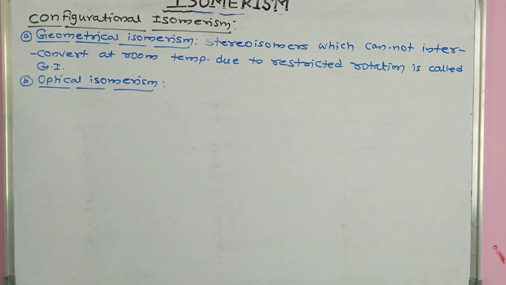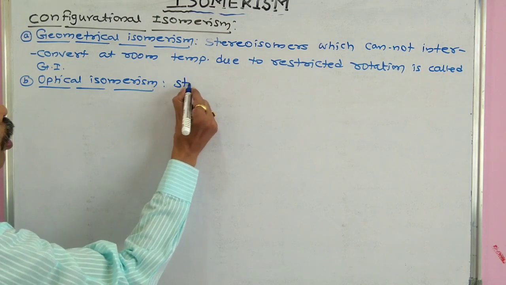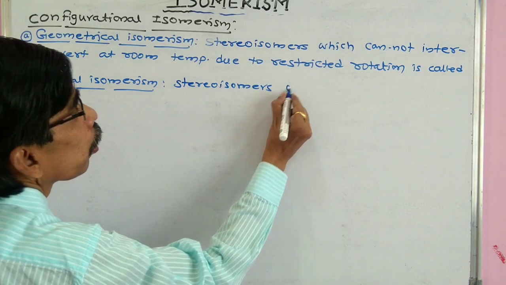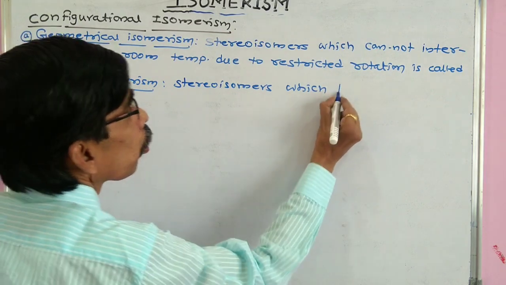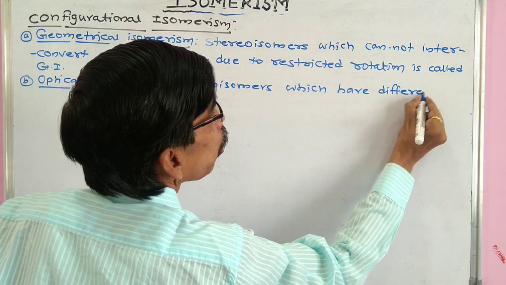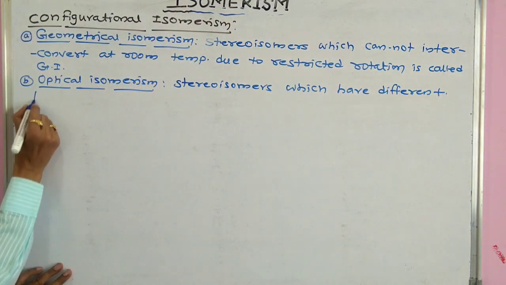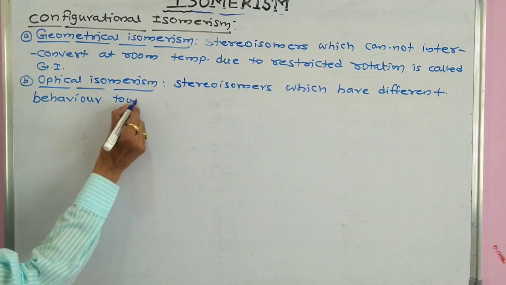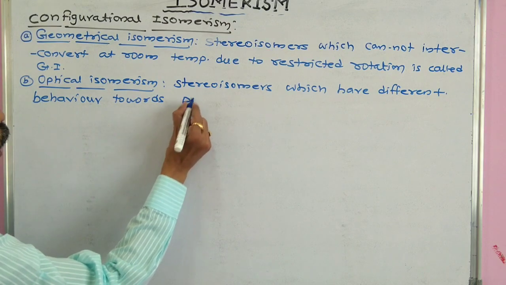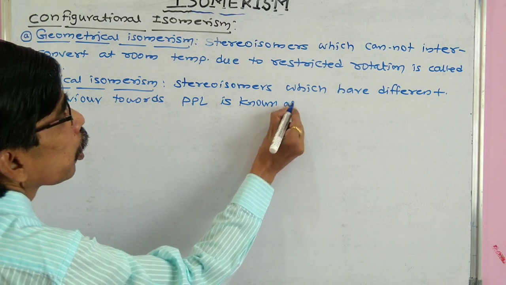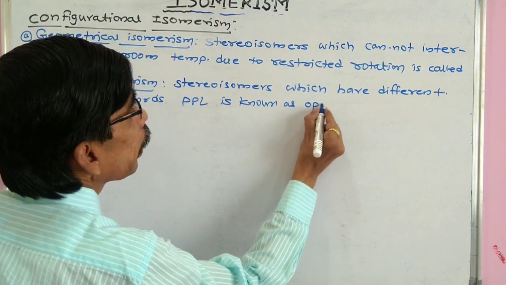Stereoisomers which have different behavior towards plane polarized light are known as optical isomerism.